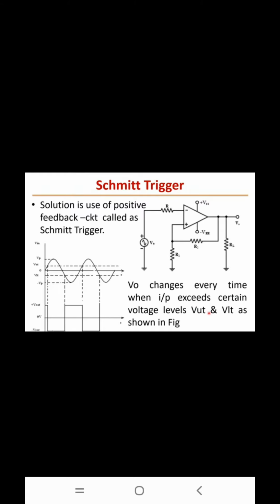The input voltage Vin must be slightly more positive than VUT in order to cause the output V0 to switch from plus Vsat to minus Vsat. As long as Vin is greater than VUT, V0 is at positive saturation.